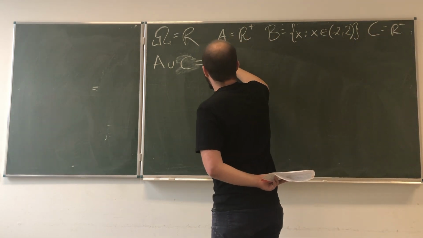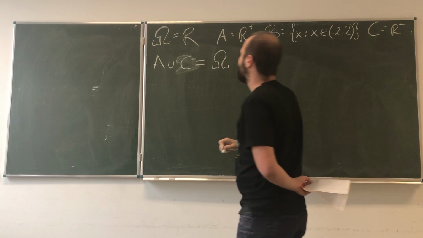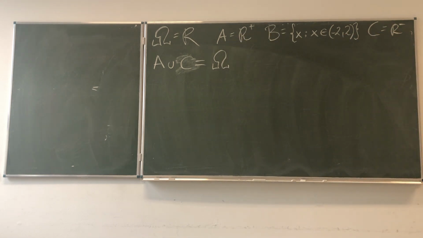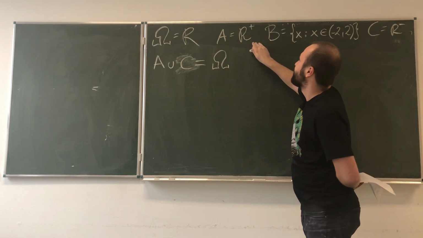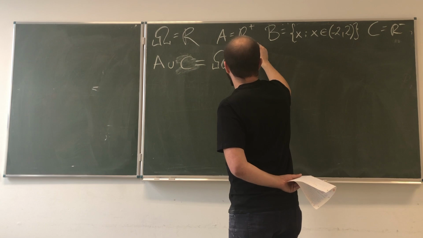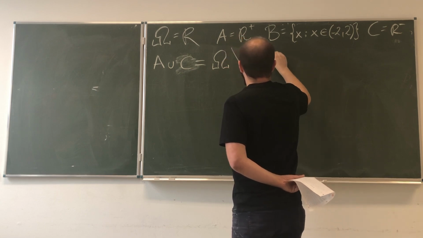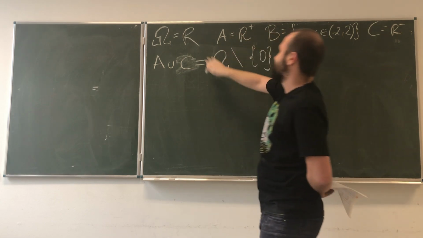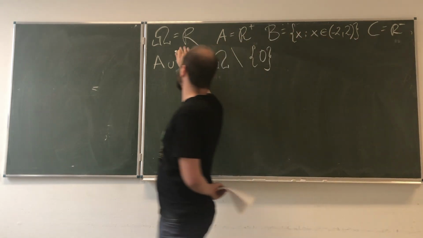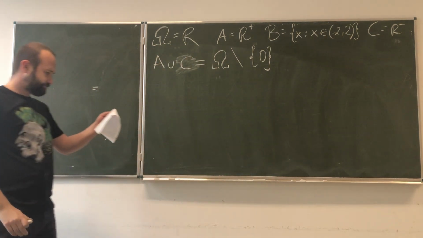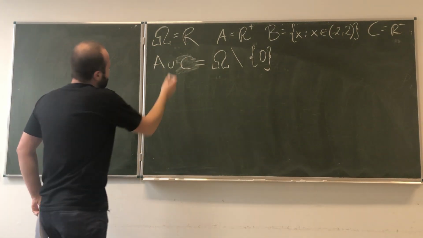And I'm going to come up with the universe almost, right? Because here we have negative and positive numbers. What are we missing? 0. We can simply write it as the universe, so real numbers, excluding 0, right? Because we are excluding 0 using the difference.